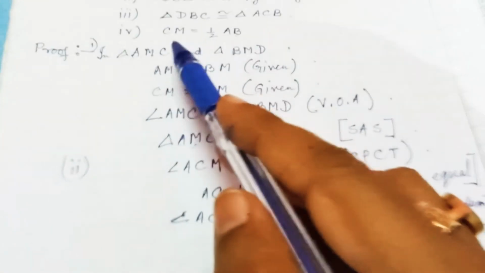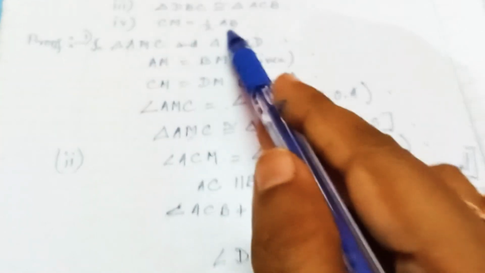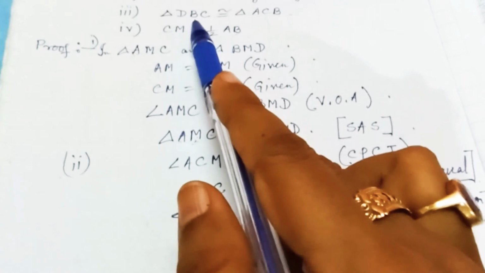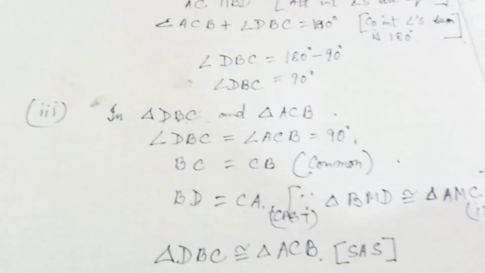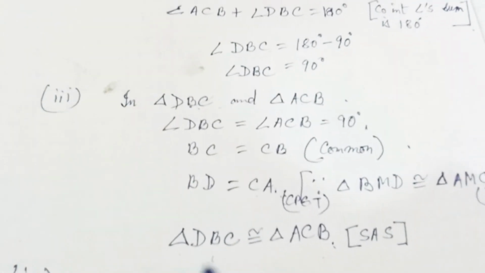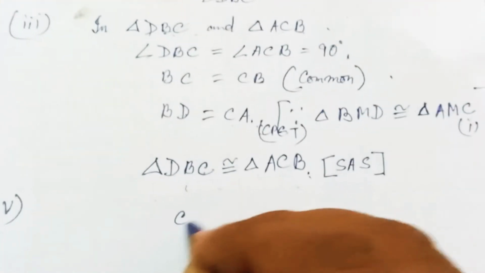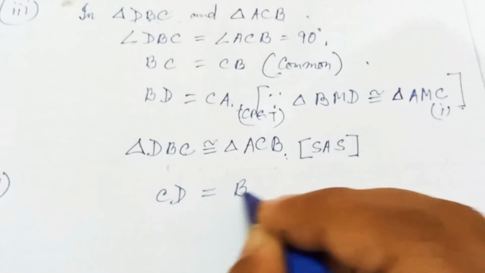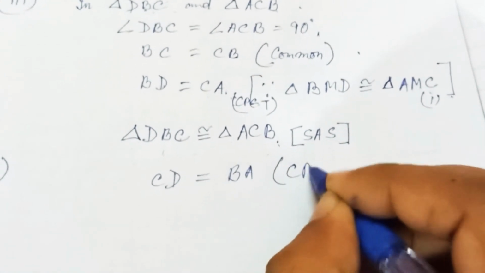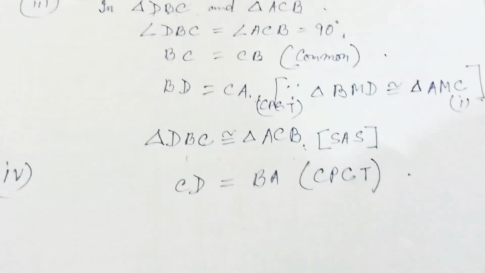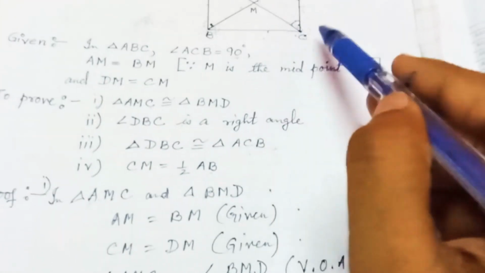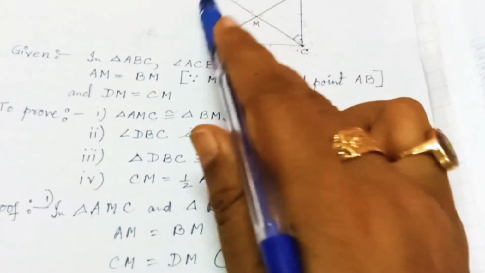Now in the fourth part we have to prove that CM equals half of AB. We have just proved that these two triangles are congruent. Now from CPCT we can write that CD equals BA, corresponding parts of congruent triangles. See the diagram, CD can be written as CM plus DM.